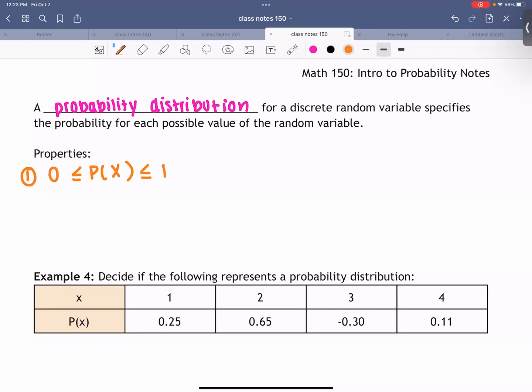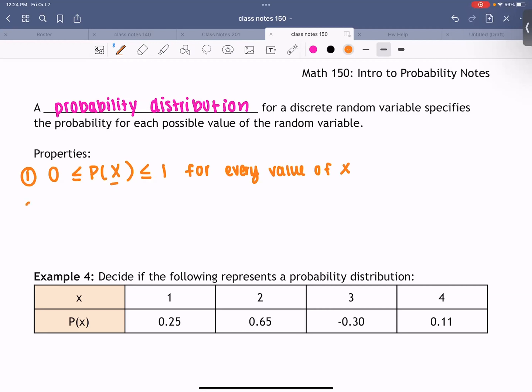I know the probability can't be below 0 and it can't be above 1. And because I'm using this letter X here, which is just anything that can happen, I'm going to say for every value of X. So for everything that can happen, its probability has to be between those two numbers.